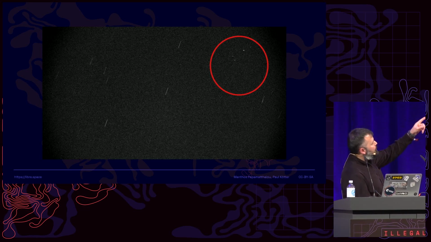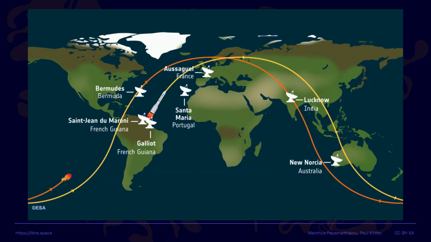And this is an image from a telescope from Thessaloniki observatory. It's called Holomontes Observatory, and you can see this is actually the Ariane upper stage, and I think the second stage on the side. And this was the actual flight path of the rocket.